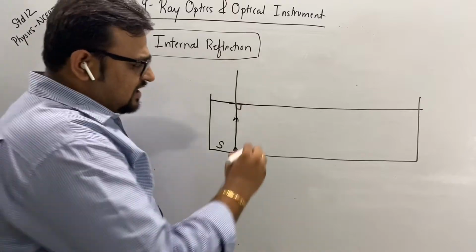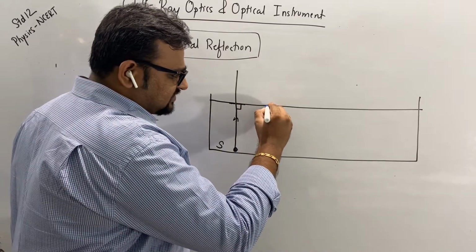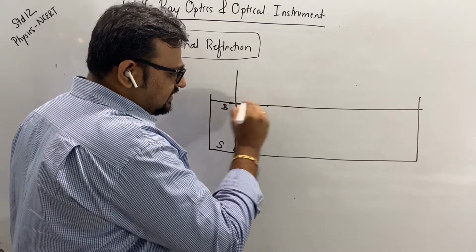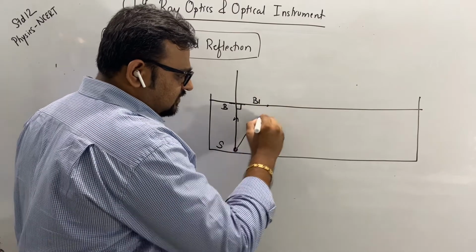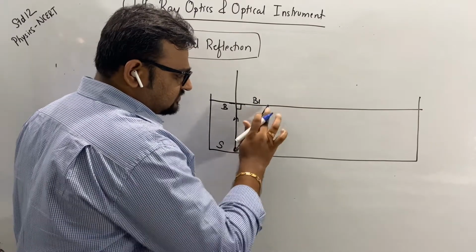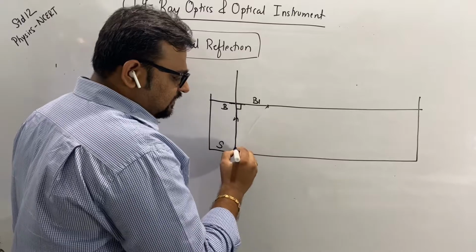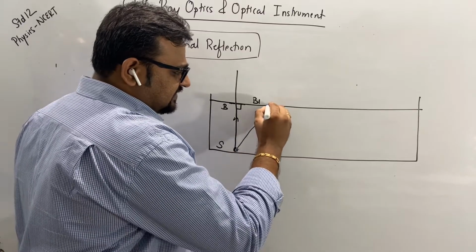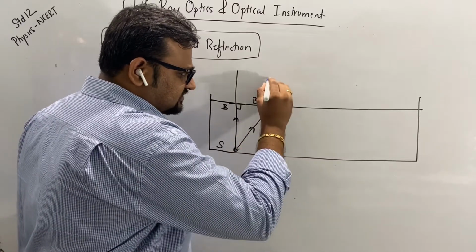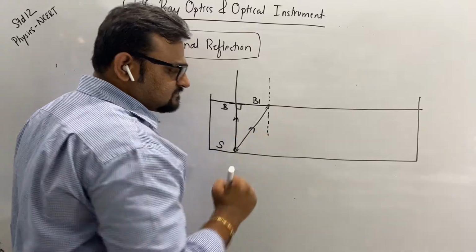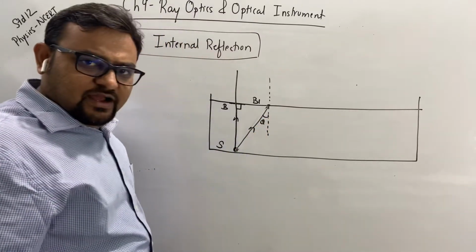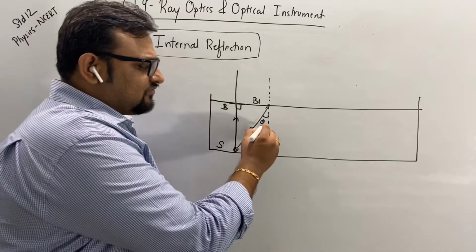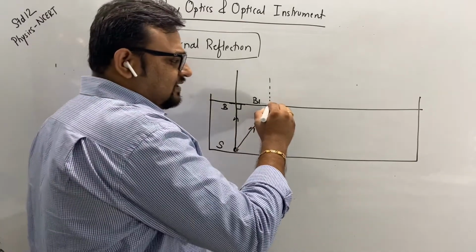Now at this place, let's take this as point B1. This is the incident ray. Now this is the normal. Clear? This is incident angle, I will write down theta 1. What will happen?